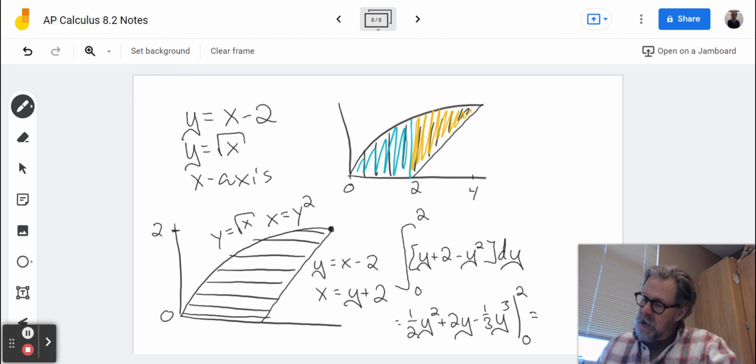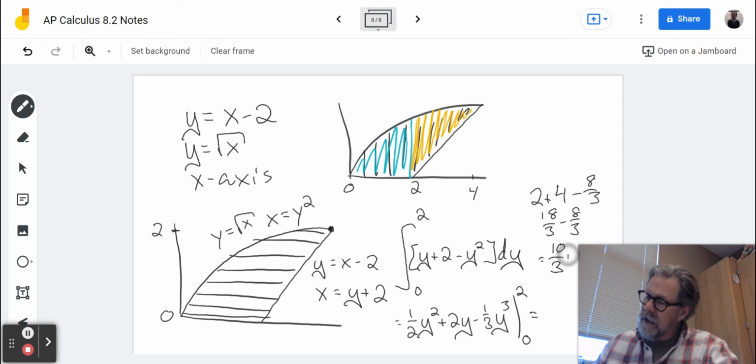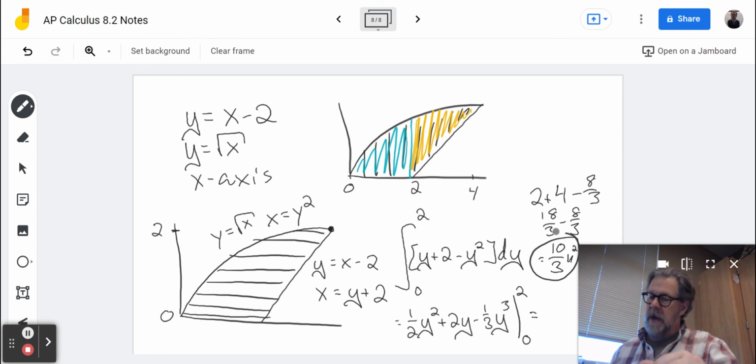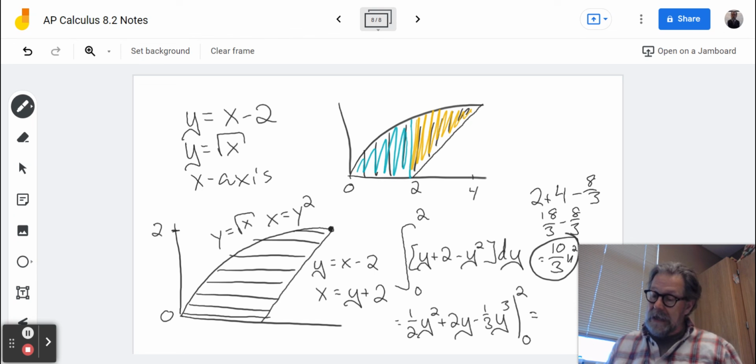So we get 2 squared over 2 is 2, plus 2 times 2 is 4, minus 1/3 of 8, 8/3. That's 6, that's 18/3 minus 8/3. And notice that we get the exact same area, but we only had to do one integral instead of having to do two integrals in order to split it up.